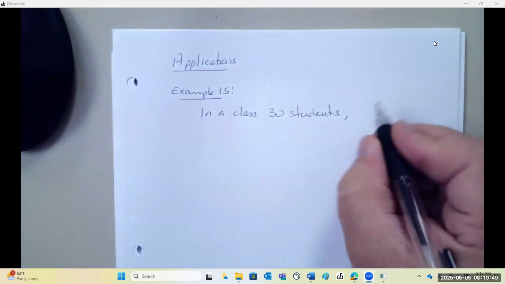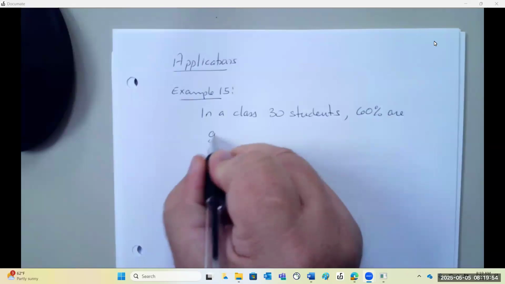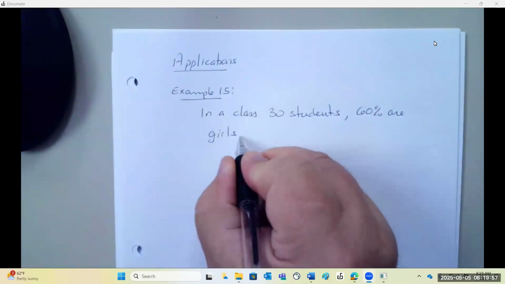In a class of 30 students, 60% are girls.